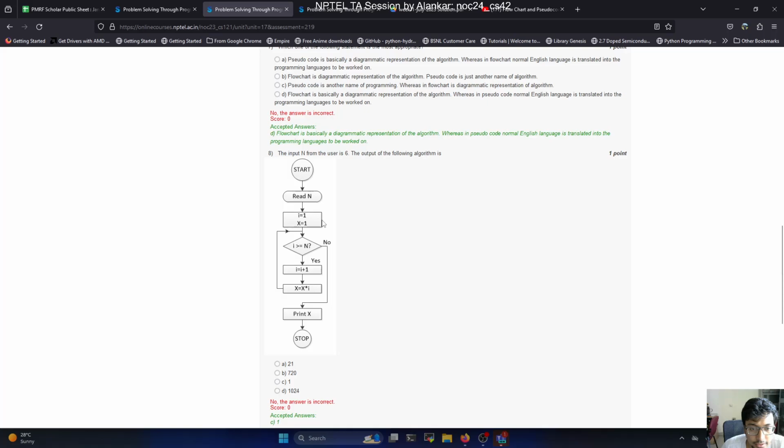But for this specific case, when N is 6, your I starts with 1, and 1 is greater than or equal to 6 is false. So you just go in here and print X, and the value of X is whatever you initialized X with, which is 1. So the answer here is 1, and the loop actually never executes. If you had something else in here, the loop would have executed, but since you do not have it, your loop doesn't execute. So the answer here is 1.